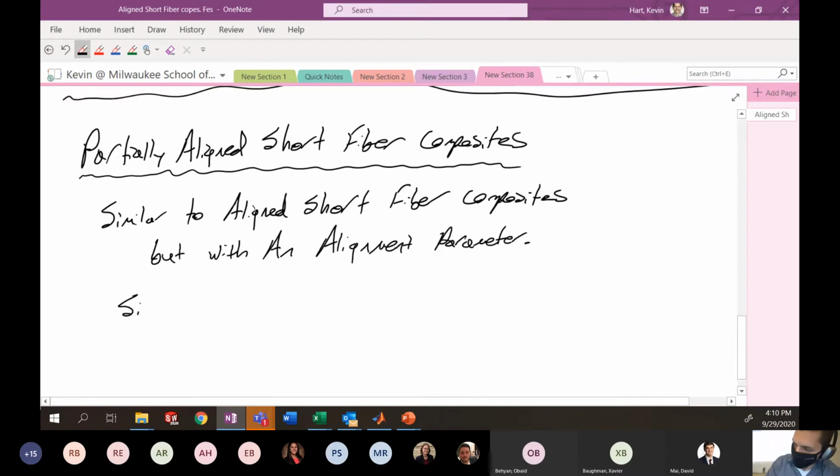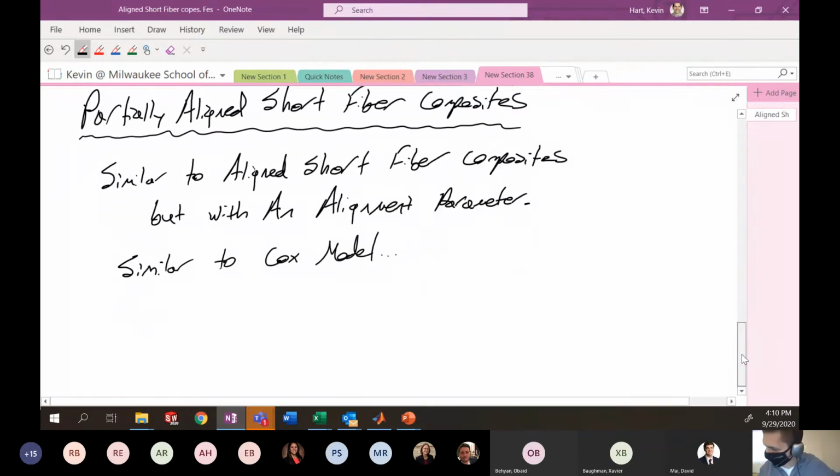So this will be similar to the Cox model. And here's the general form.